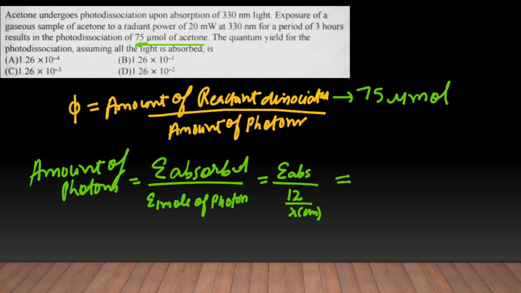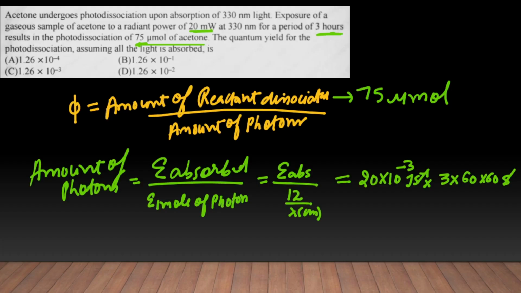The power is given to us and the time period, it is 20 milliwatt for a span of 3 hours, right? So power into time, it will become 20 into 10 to the power of minus 3 watt, which is joule per second, into the time of 3 hours converted into seconds, 60 minutes and 60 seconds. So second and per second get cancelled out.